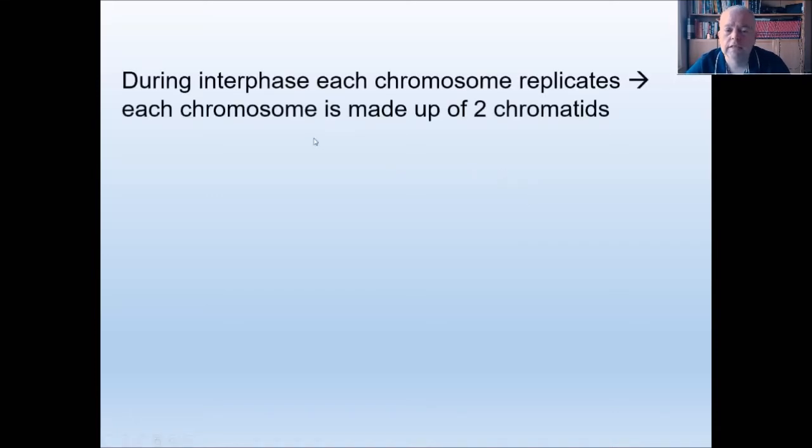So, key process. During interphase, each chromosome is going to replicate, and each chromosome is going to be made of 2 sister chromatids. So the first bit of meiosis is exactly the same as mitosis. We have to have a DNA replication stage. So we end up with that structure we're more familiar with, that X-shaped chromosome made from 2 sister chromatids.